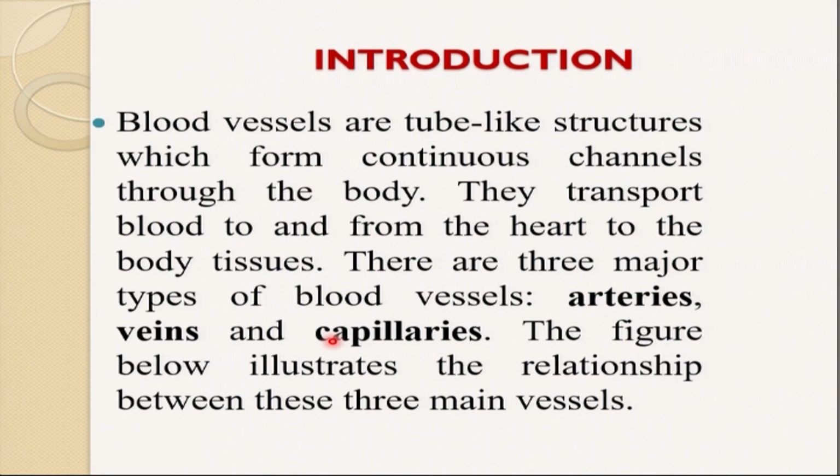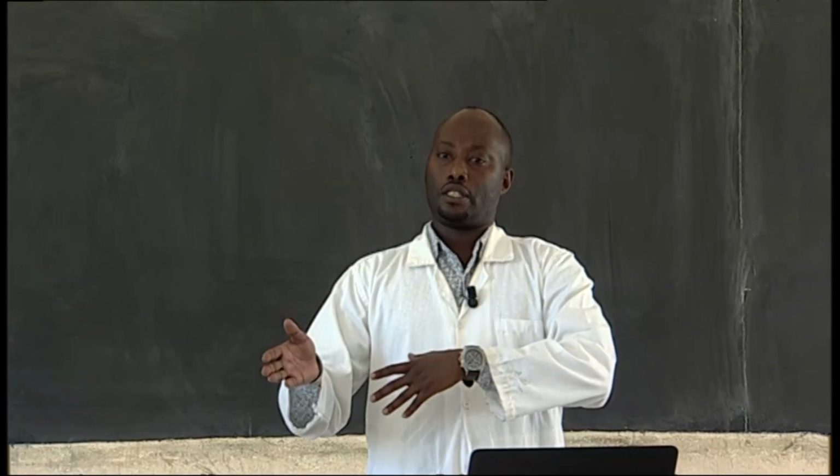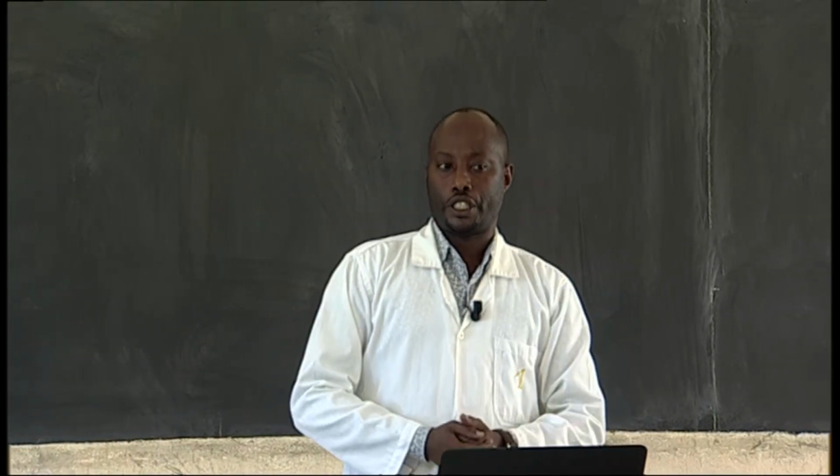We're going to have some illustrations and figures that illustrate those three types of blood vessels. We're going to have the illustration that shows how the capillaries and the veins differ in terms of structure and functions, all right? How do the arteries also differ from capillaries in terms of their functions and even structure?